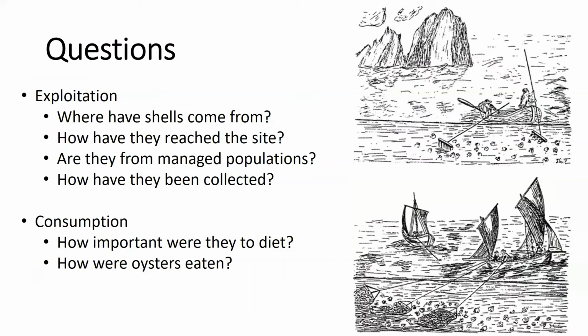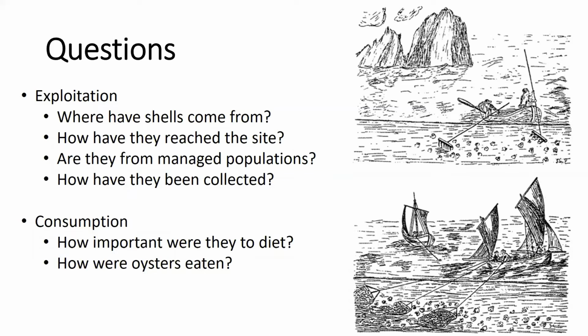So these questions can more or less be broken down into 4 categories, and each of these will tell us a little bit about the activities in the past. And so the 4 categories are going to be the exploitation of the shells, i.e. how are they being collected, the consumption of the shells, how are they being eaten, secondary uses of the shell, and then eventually the deposition of the shell.